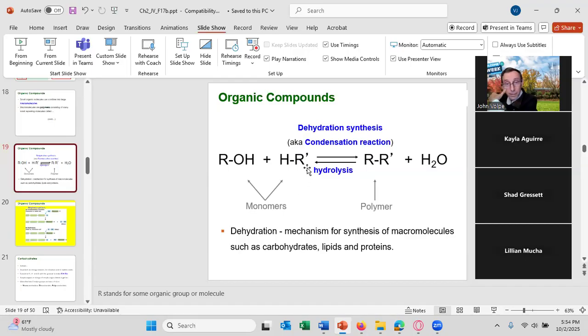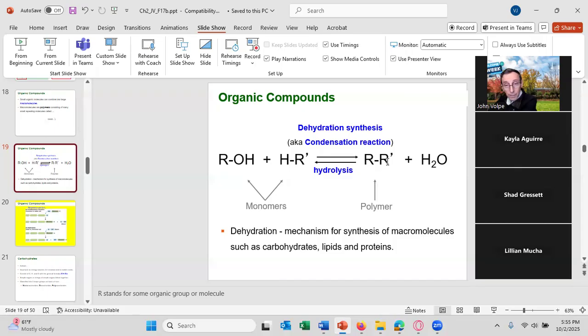And that we call a dehydration synthesis reaction, where we make a larger molecule, synthesis, from two monomers to make, actually that would be a dimer. You get several of them together, you get a polymer. And then water is made. And that's the dehydration synthesis reaction, also called the condensation reaction. Any question about any of that?